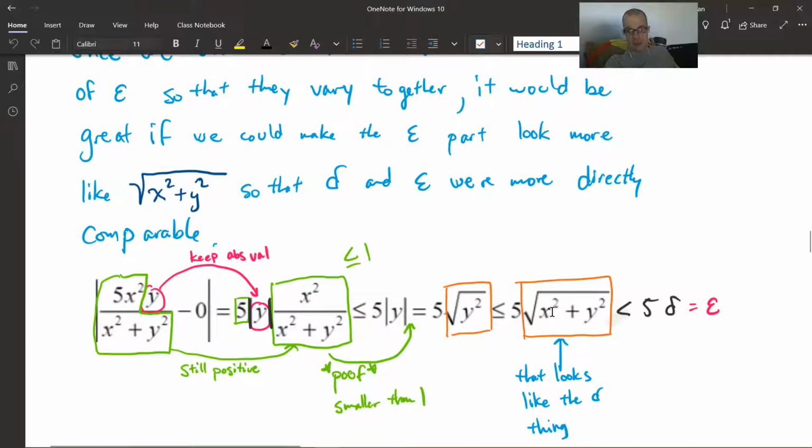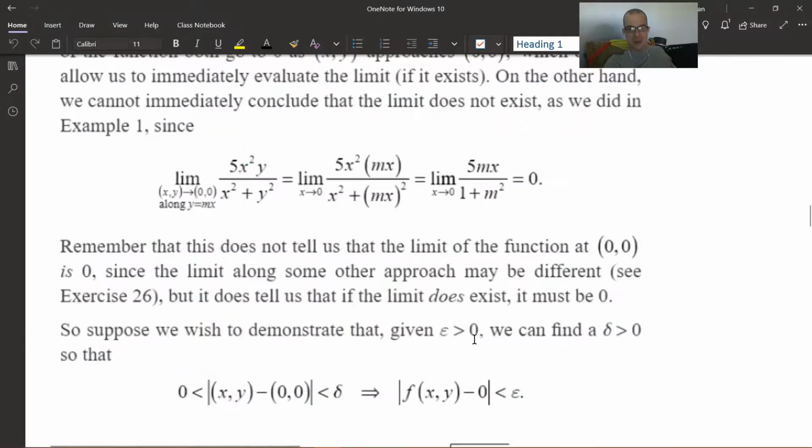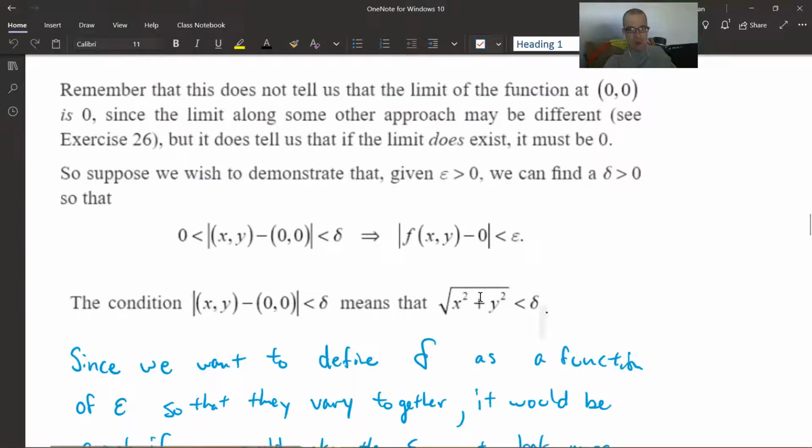If x squared is equal to 0, then these would be exactly the same. But if x is anything other than 0, this square root will be bigger than this square root. And now we've gotten to something where we've got the square root of x squared plus y squared, which is delta, because that's the distance from the origin to a certain point x y.